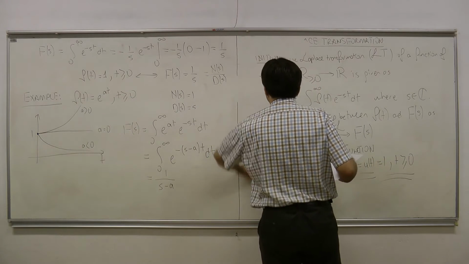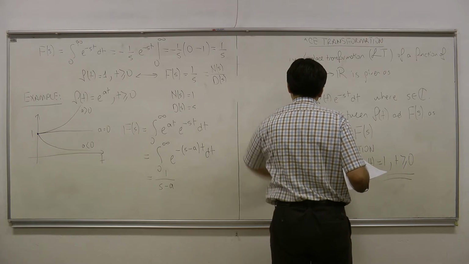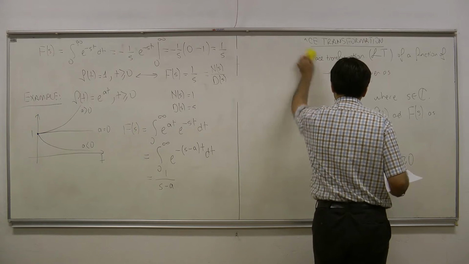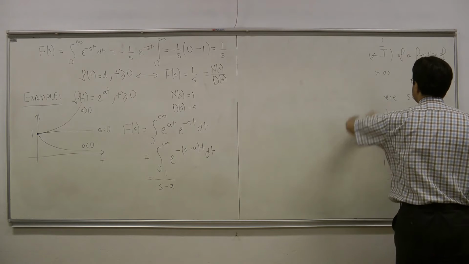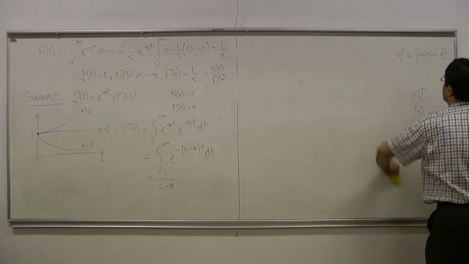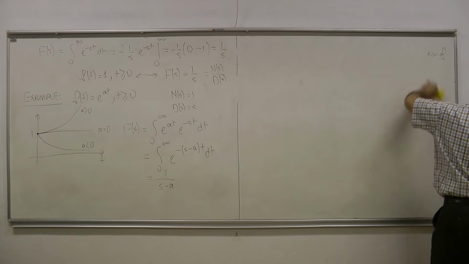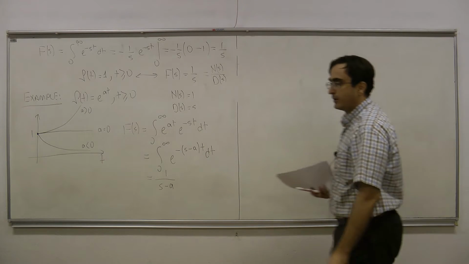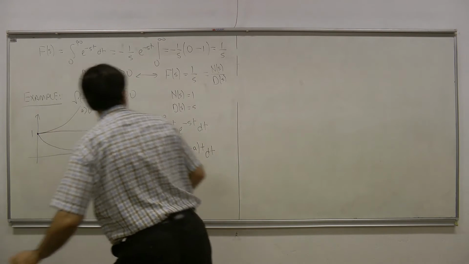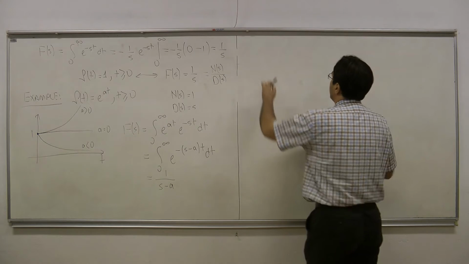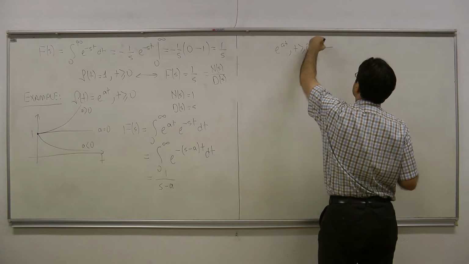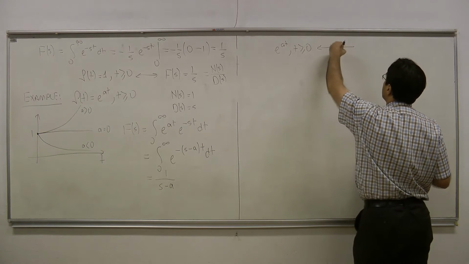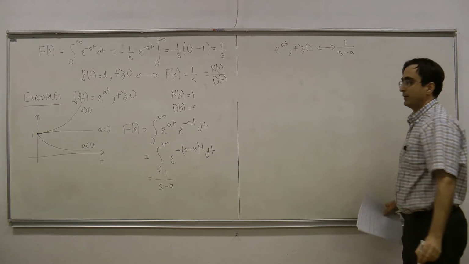So I have found one more Laplace transformation, and what about its poles and zeros? I can actually examine the poles and zeros of this Laplace transformation as well. So here I have seen that e to the at for non-negative t values has the Laplace transformation 1 over s minus a.